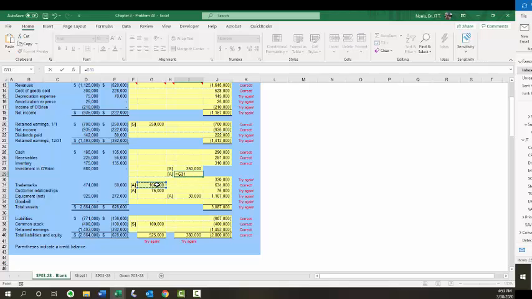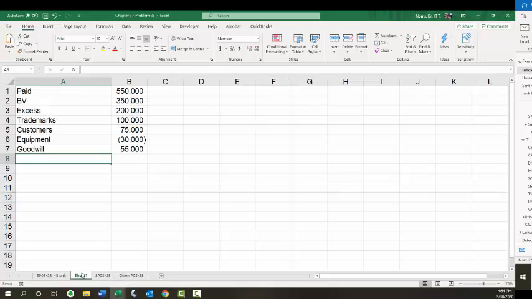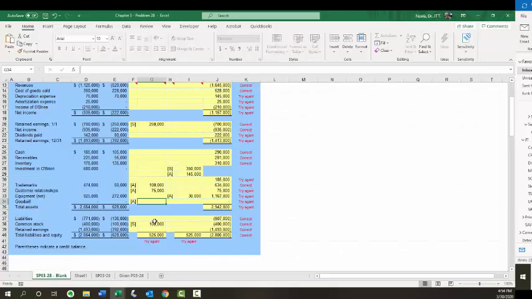So that is that plus that minus that. That's the 145. Oh, I'm sorry, and goodwill, which we calculated over here at 55,000.